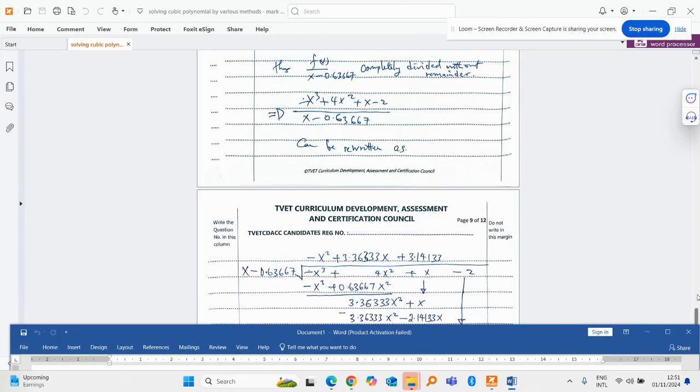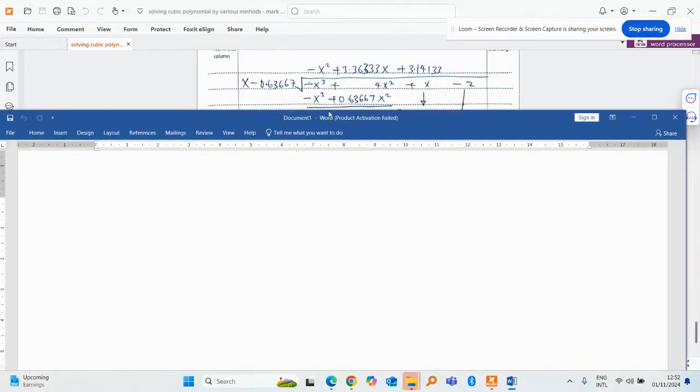First, we ask ourselves, what can we multiply by x to be able to get negative x cubed?